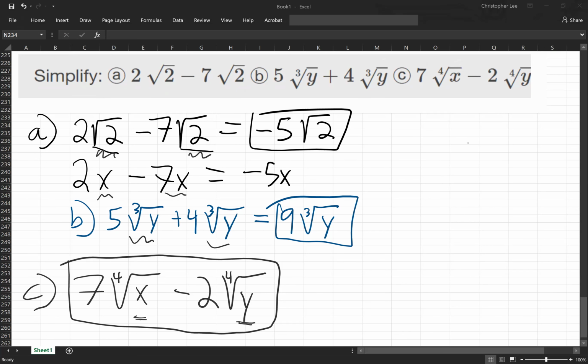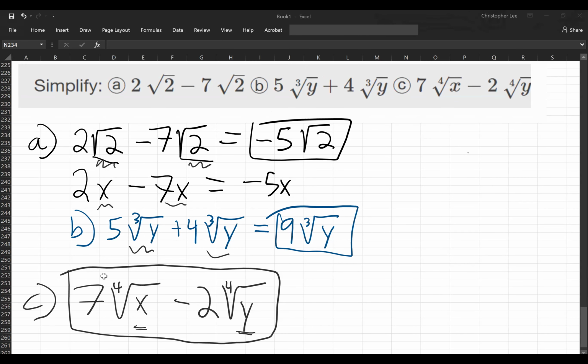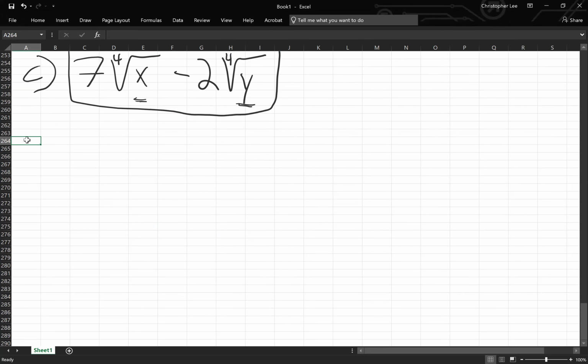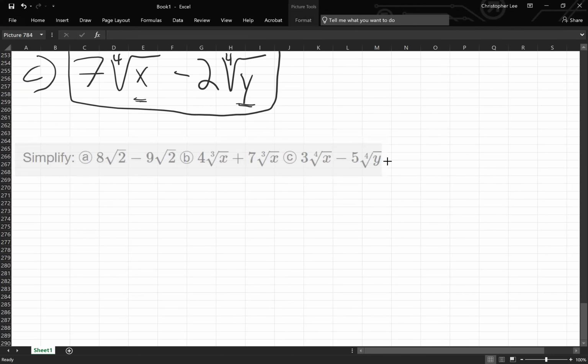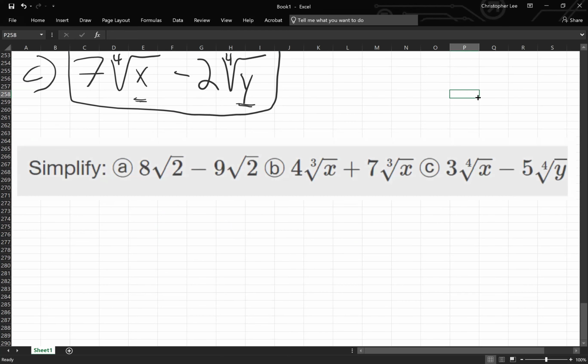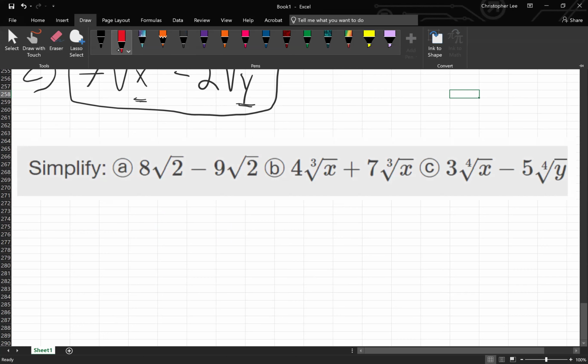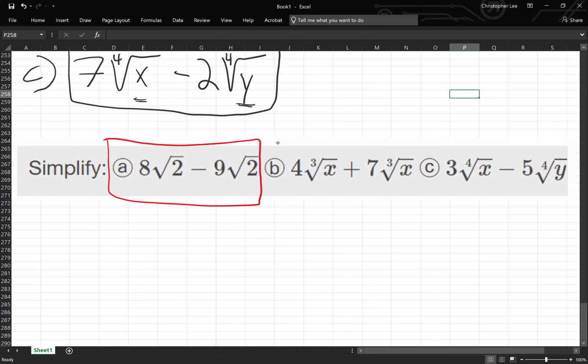All right, try this out. So just to be clear, this is A, that's B, and you can see C. Try it out.